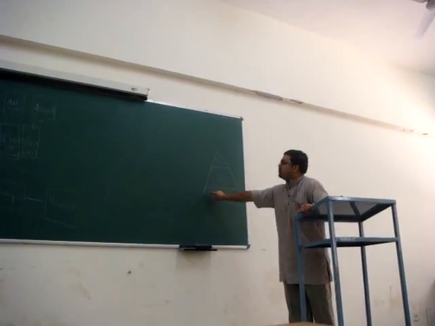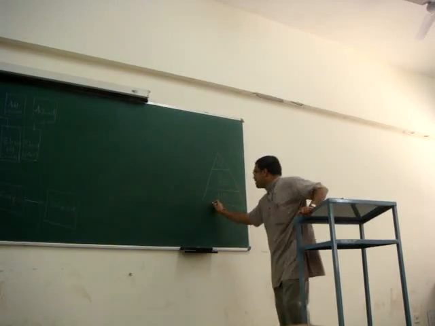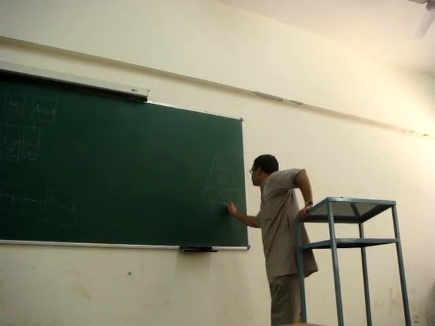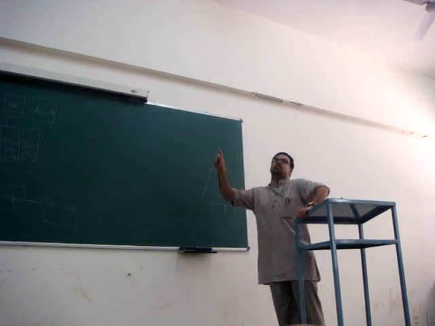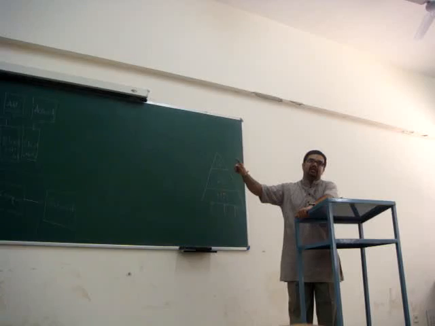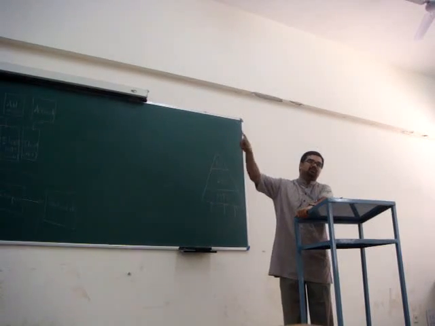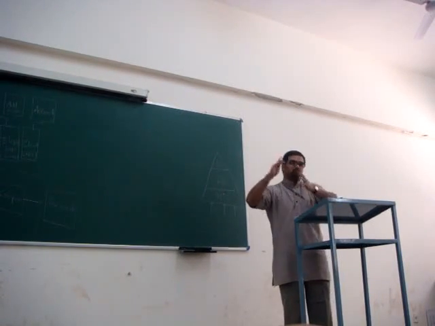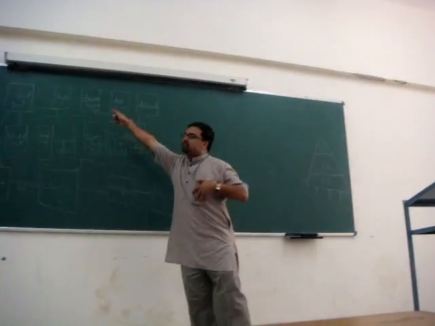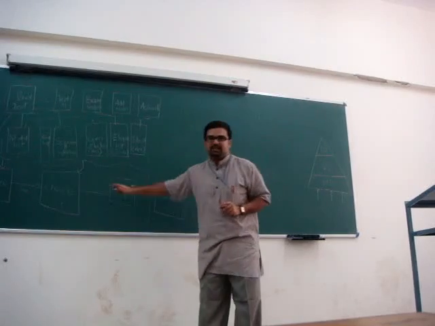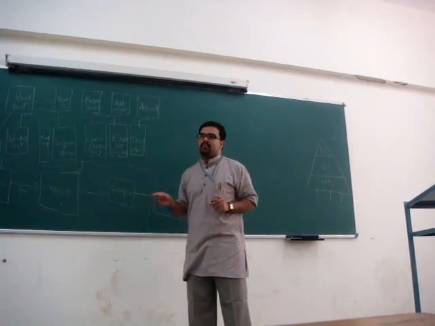So, where does MIS get the data from? It gets the data from two sources. What are the two sources? Transaction processing systems and functional information systems.